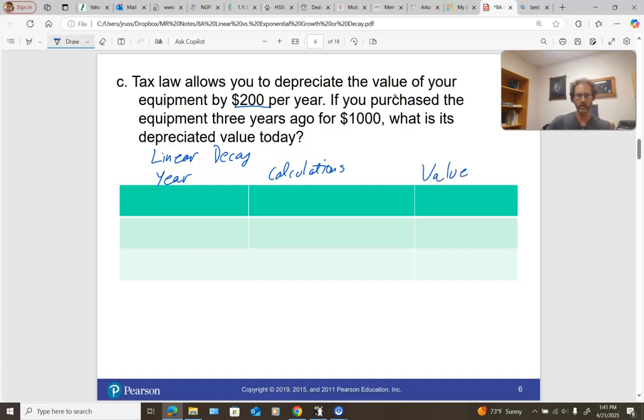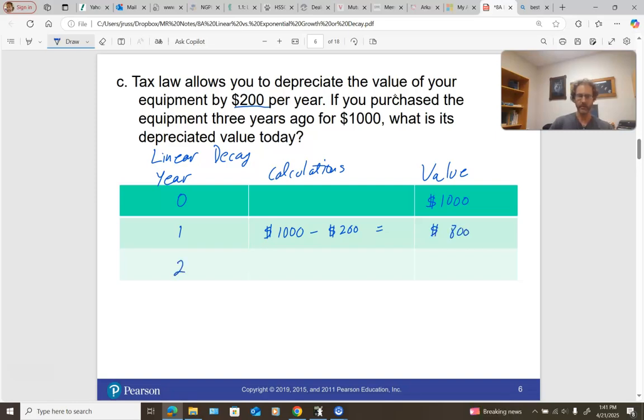Okay. So at year 0, nothing's happened. The equipment is worth $1,000. After year 1, you get to depreciate it by $200. Okay, so subtract $200, and now its value is $800.